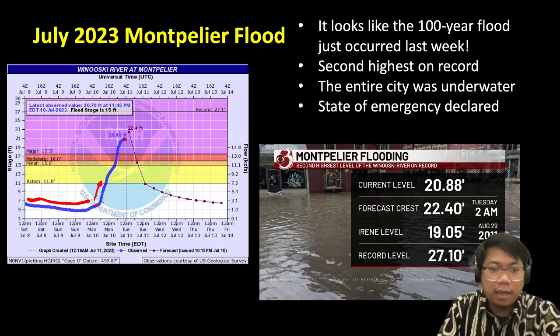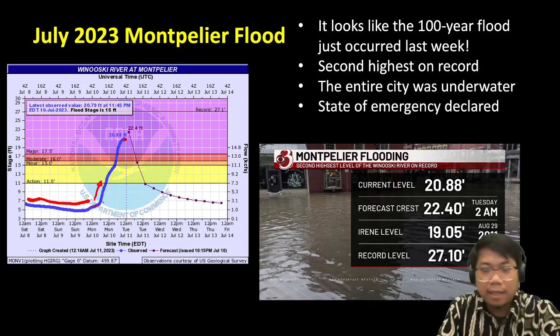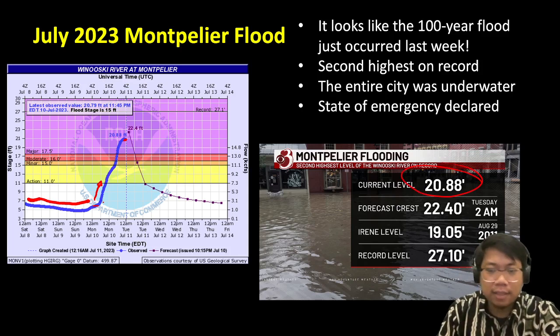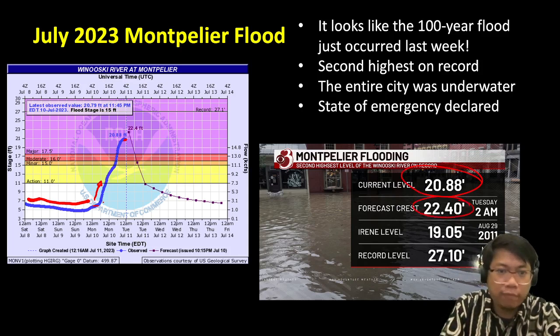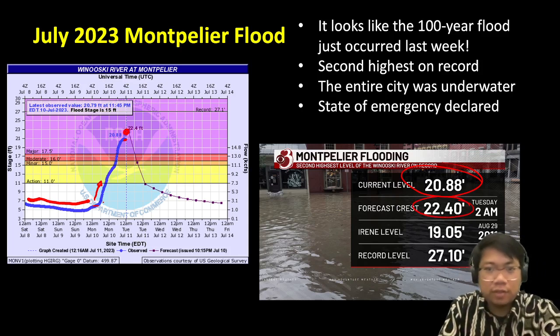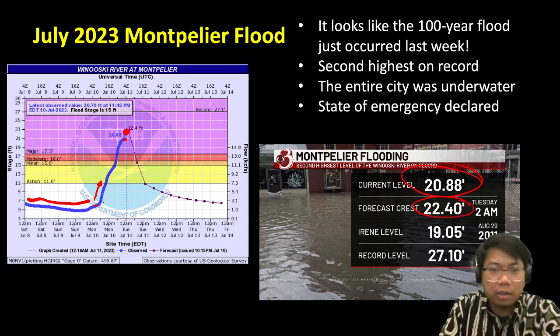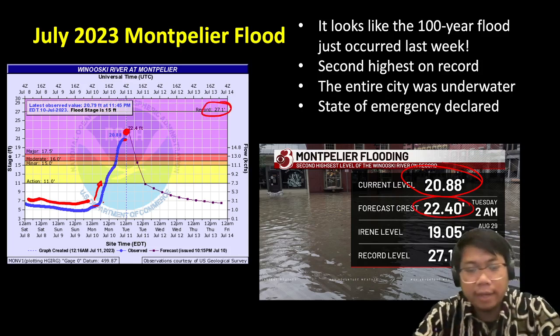It reaches the peak at about 20.88 feet, and the forecast crest was about 22.4 feet. This was just below the record of 27.1.